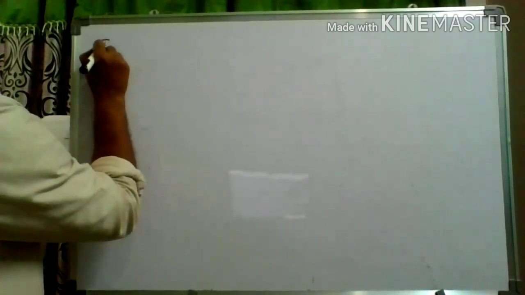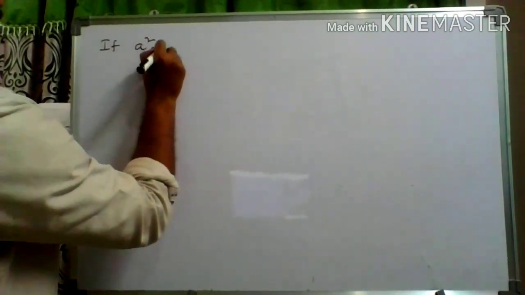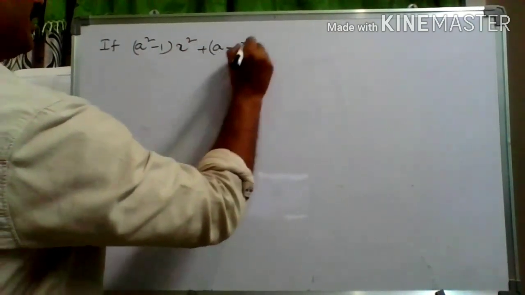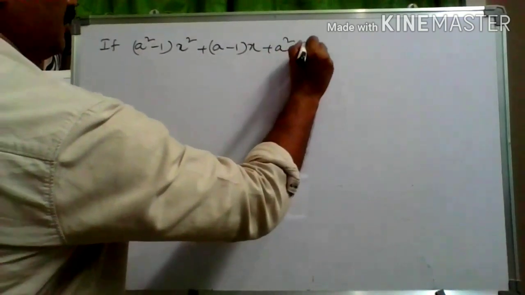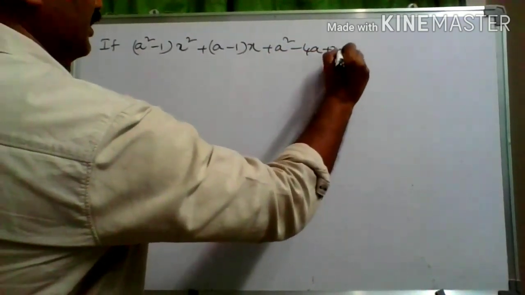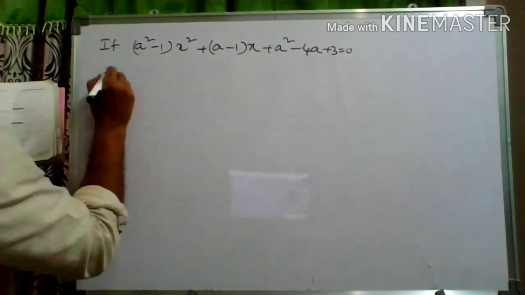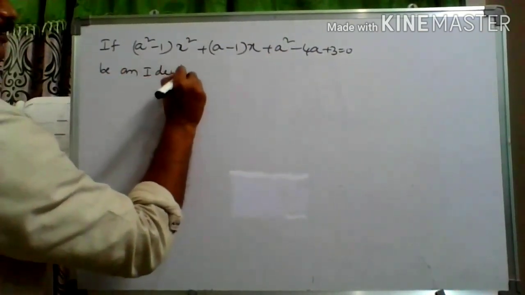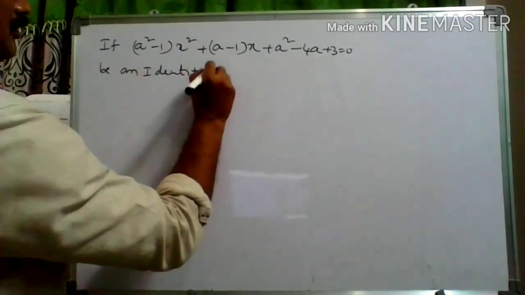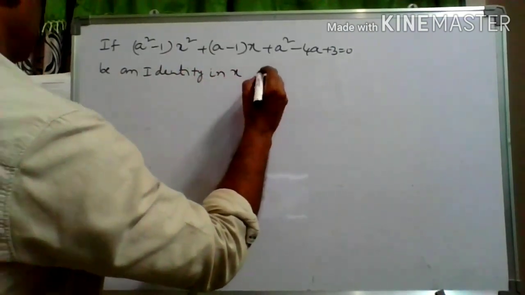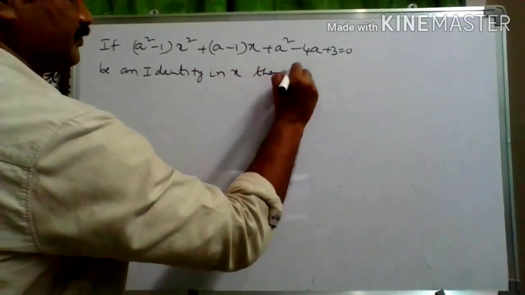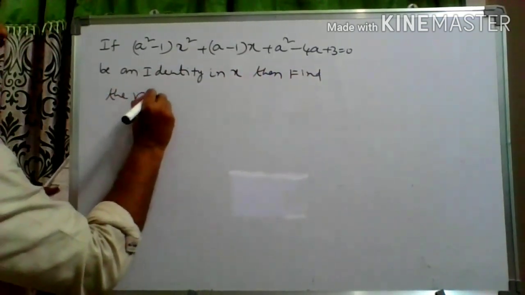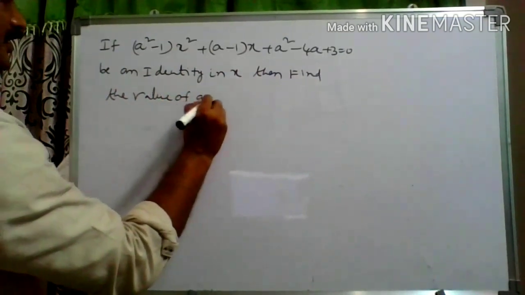If a square minus 1 into x square plus a minus 1 into x plus a square minus 4a plus 3 is equal to 0 is an identity in x, then find the value of a.